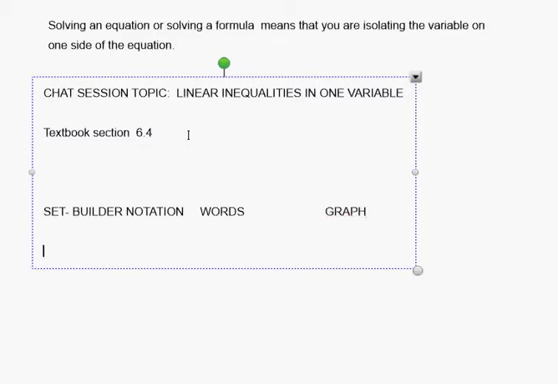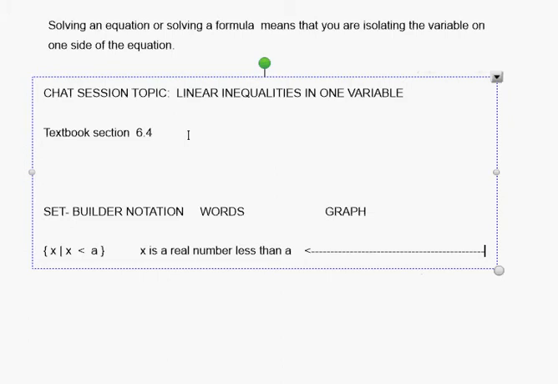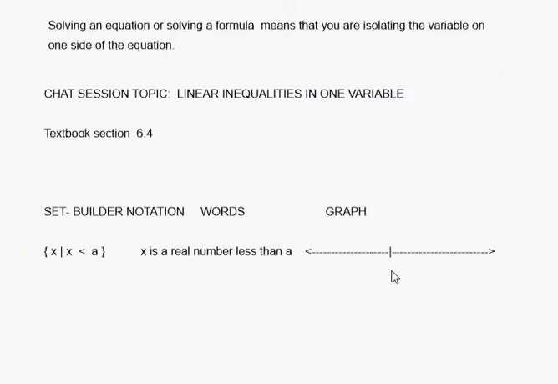Now, if we have the set of all x such that x is less than a, this means x is a real number less than a. Whereas in a graph, we put an a under there.